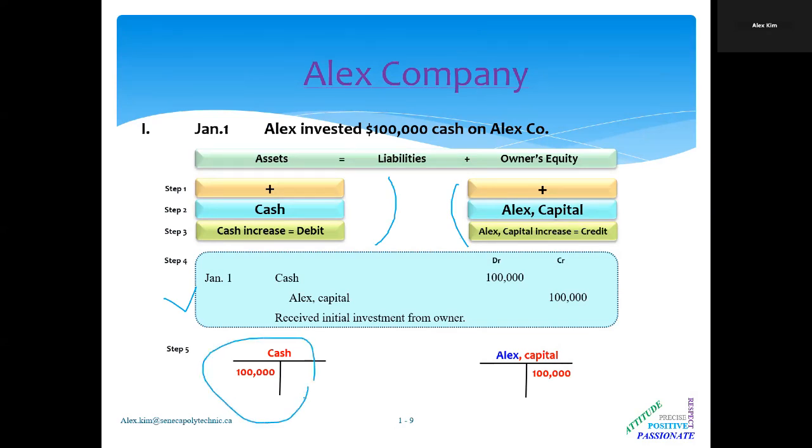Then verify, and also you can practice with the super tool, the T account. Cash and the others represent the same side, increase side.